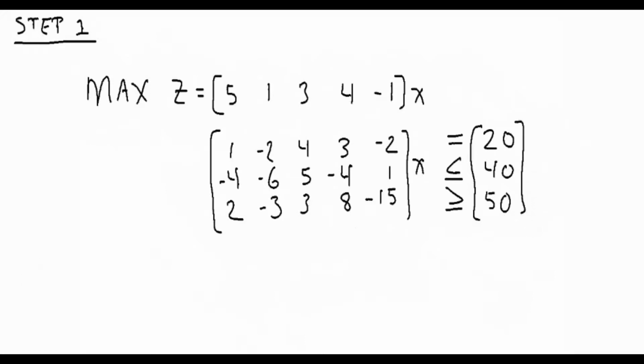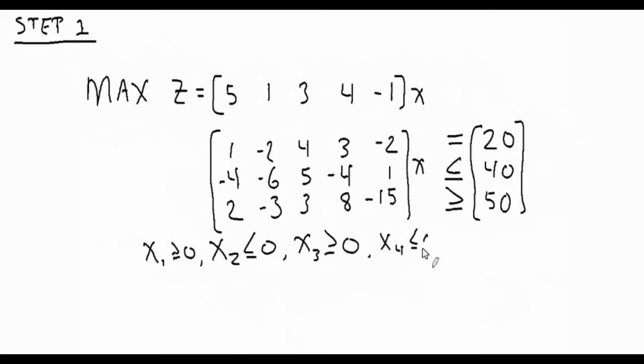And then we put the sign restrictions on our variables. x1 is greater than or equal to 0. x2 is less than or equal to 0. x3 is greater than or equal to 0. x4 is less than or equal to 0.